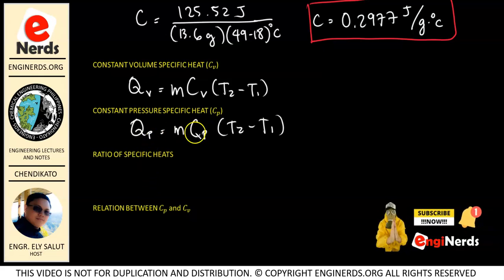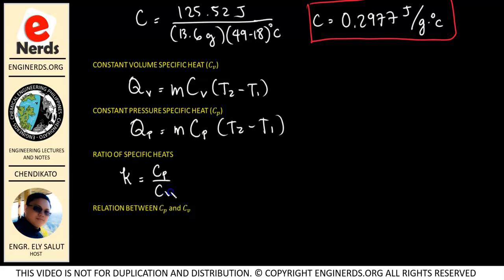And if you take the ratio of our CP to our CV, we will have our K. Our K is equal to CP over CV. And this value is greater than 1.0 because our CP is greater than CV. Okay? So we have to take note of that. So let me write this properly. We have CV here. Okay?